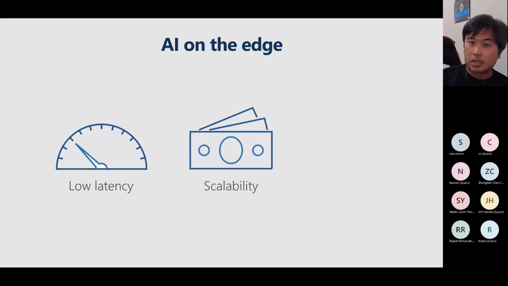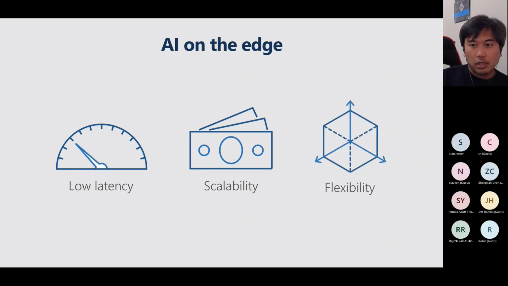Scalability: it costs less because you're not uploading images somewhere and doing the processing where you get charged per the ingress or however per call. If you think about it, if it's a serverless application, you upload the images and send it to this application, you get charged by the request. In this case, if you're running it at the edge, it's scalable because you have the machine running locally doing that processing.